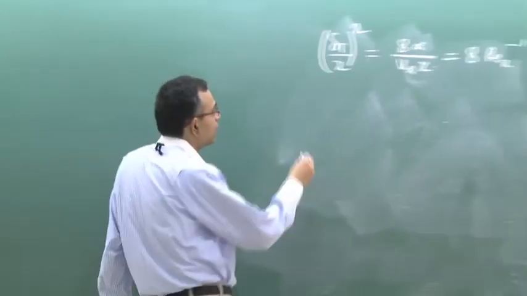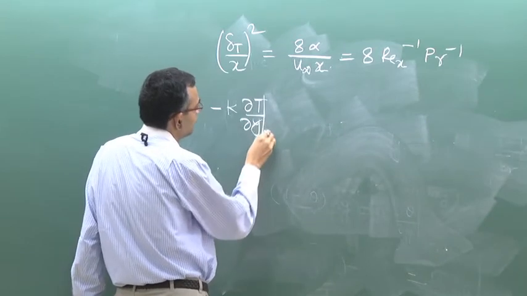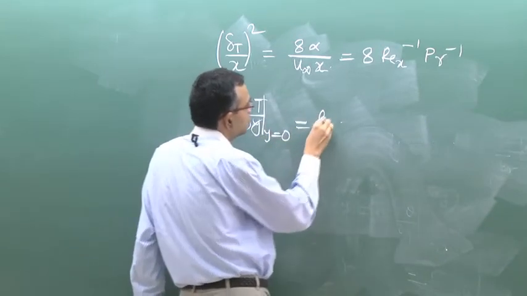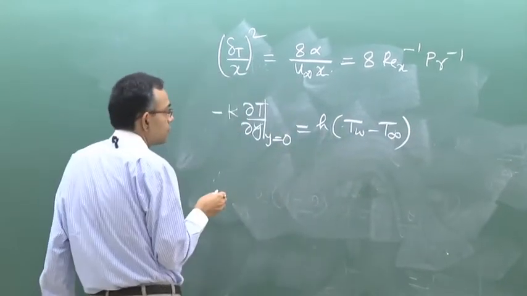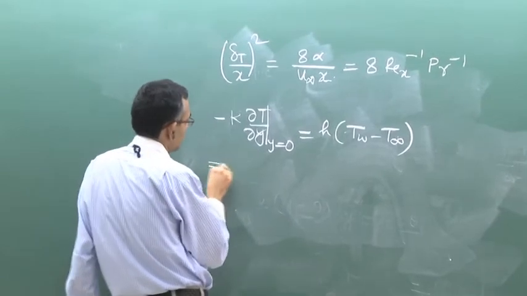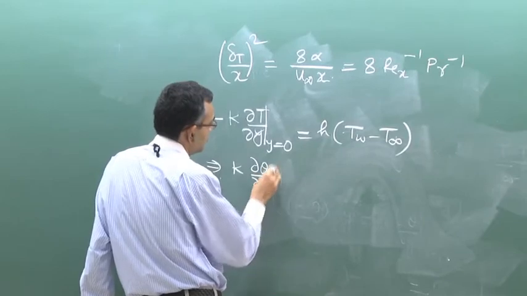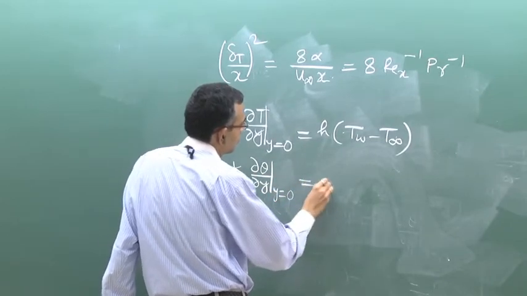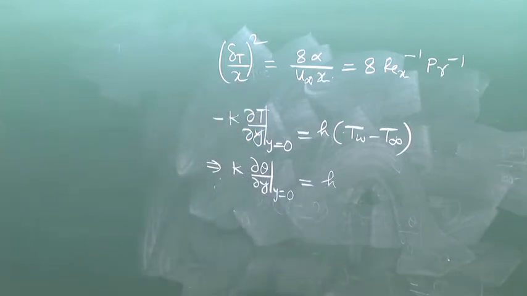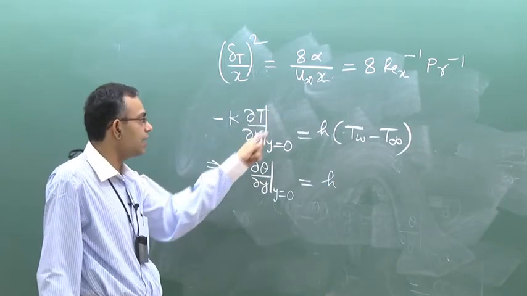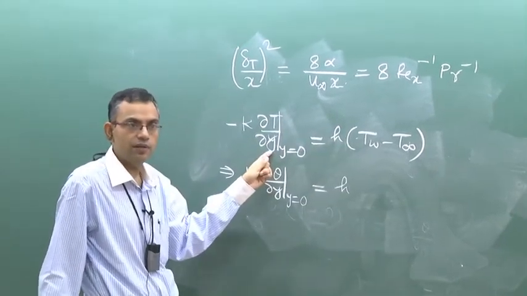So we will use the boundary condition at the wall. So theta is T minus T wall by T infinity minus T wall. So we have brought this within this derivative.